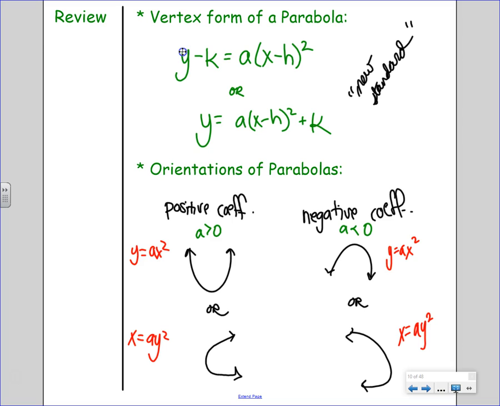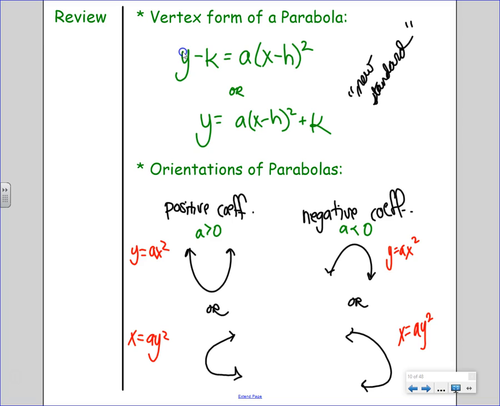But here's the dealio. We have to cover something called a focus, and something called a directrix, and something called a clue form. Not just a vertex form or a standard form, but the clue form. Define a focus and define a directrix.